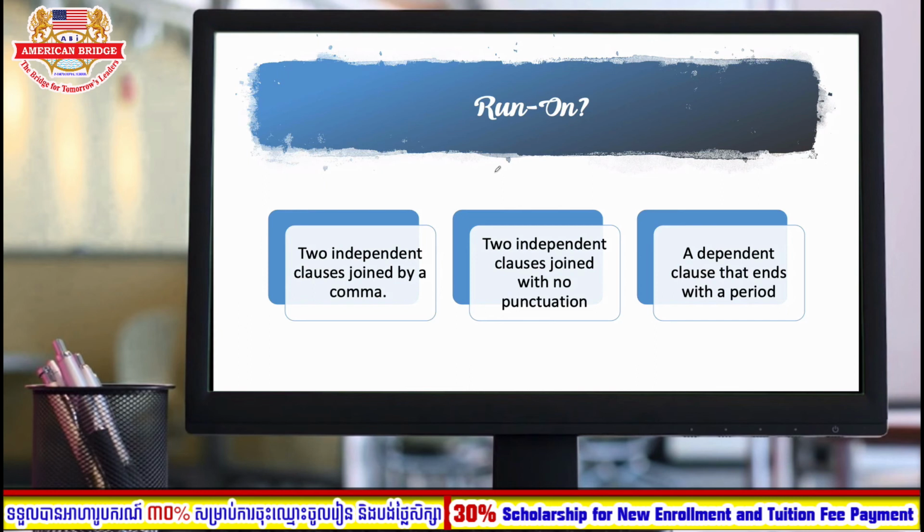Another example of run-on is two independent clauses joined with no punctuation. Again, if you join it with a comma, it's wrong. If you join two independent clauses with no punctuation at all, it is wrong. Last but not least, a dependent clause that ends with a period is also wrong, which is known as run-on.